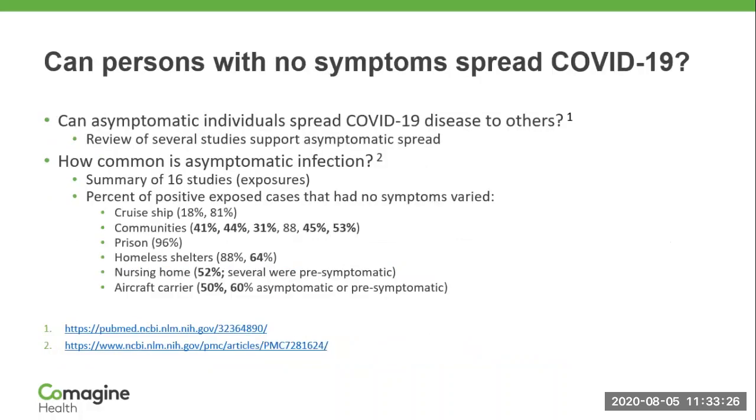So I'm going to start with the first premise: can asymptomatic individuals spread COVID disease to others? There was a review of several studies that support asymptomatic spread. What they looked at, especially early in the pandemic, was, I think, the first case in Germany, which was one of the examples in there. One person had lunch with one person from China, and that person had no symptoms for several days after that meeting. And it was very clear when there was no community spread yet.